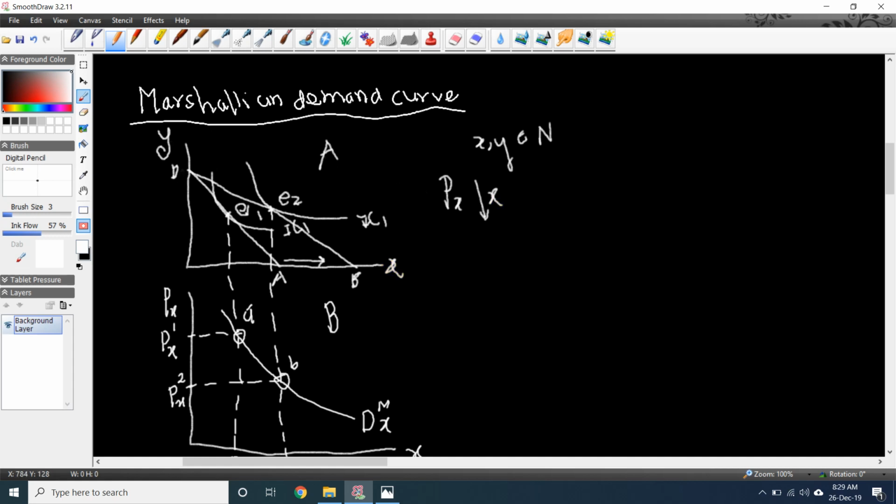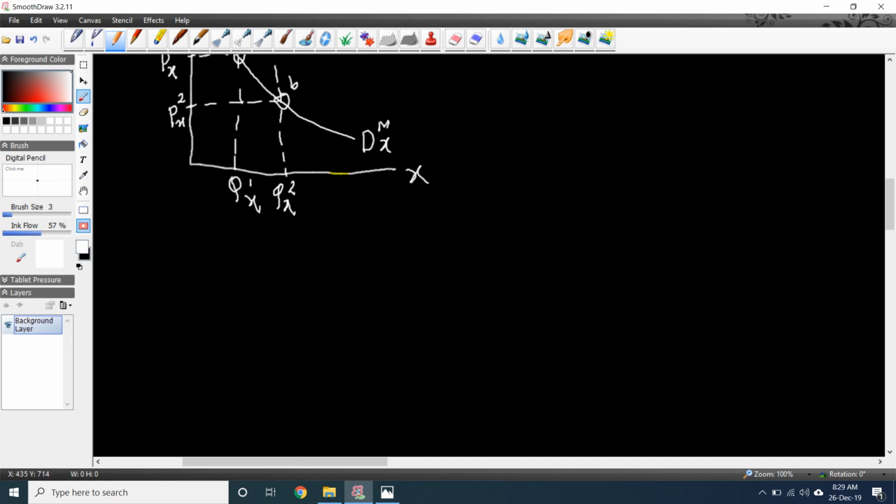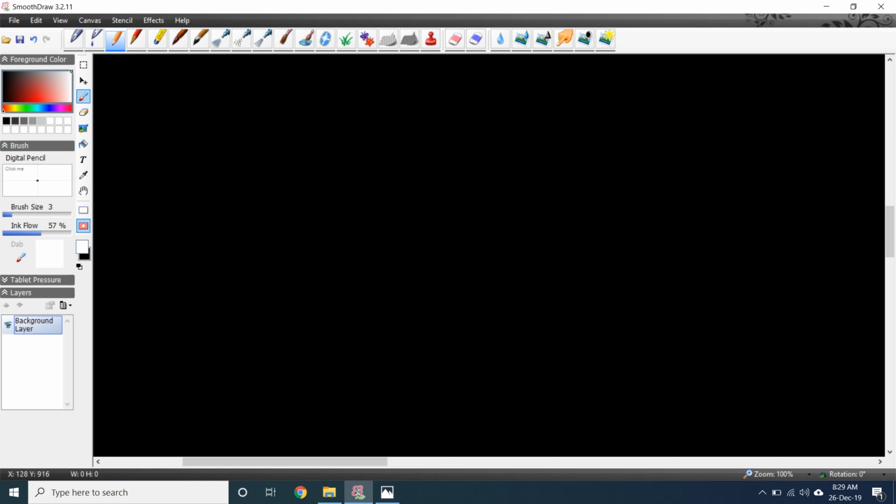So now for the numerical approach, we will assume the utility function u equals x1 x2 subject to the budget constraint b equals p1 x1 plus p2 x2.